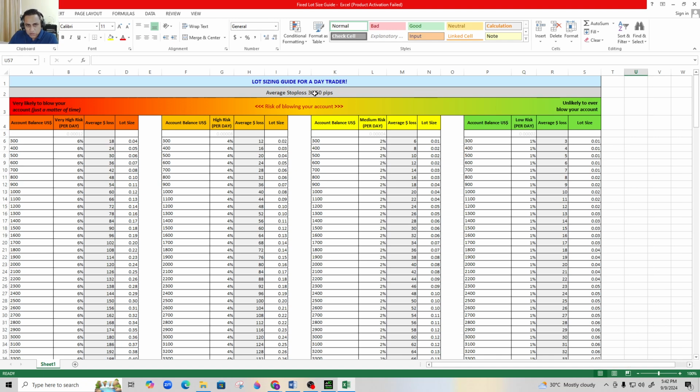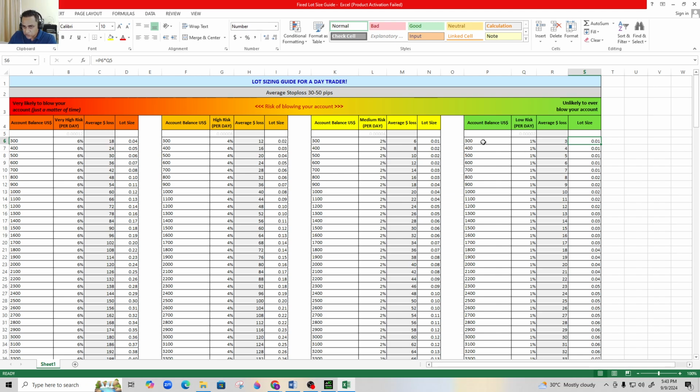But if it works for those pairs as well, then you can use it for them as well, right? So if you're trading gold and you use an average stop loss between 30 to 50 pips, and you have a $300 account, use a 0.01 lot on your trade, right?